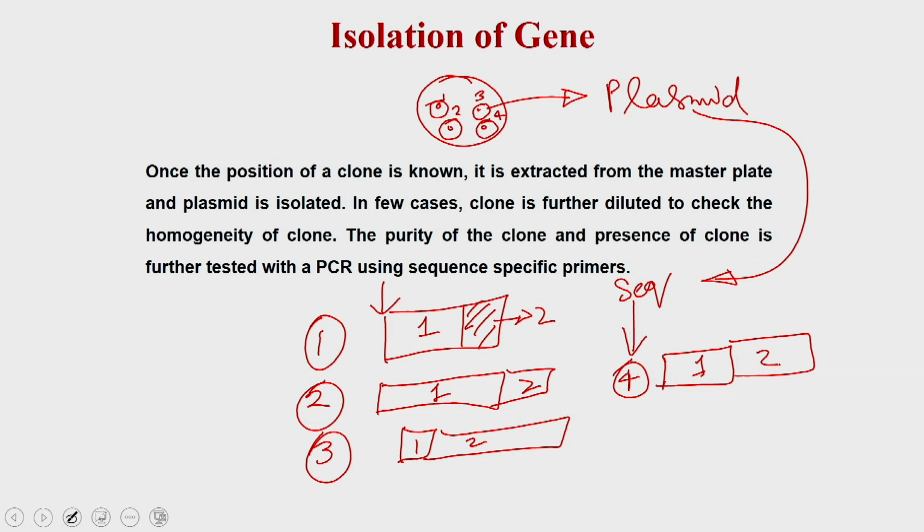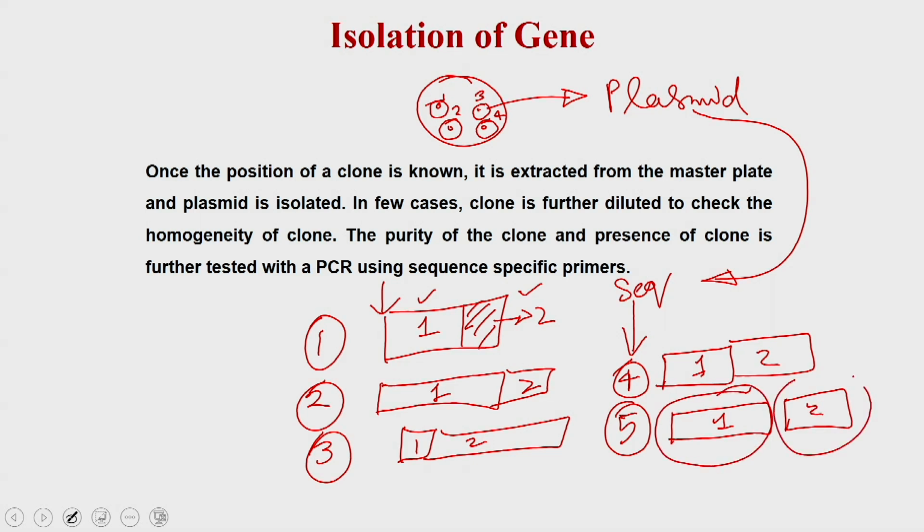In these cases, it is very difficult to decide whether the gene of your interest is 1 or 2, and that is why, when we were discussing the preparation of the genomic library, it is very important that you have a specific clone which will be like this, either 1 or 2, so that once these clones highlight, you can say this is my gene of interest.